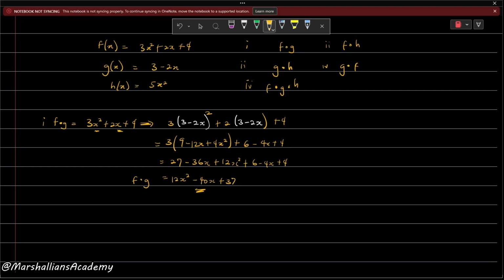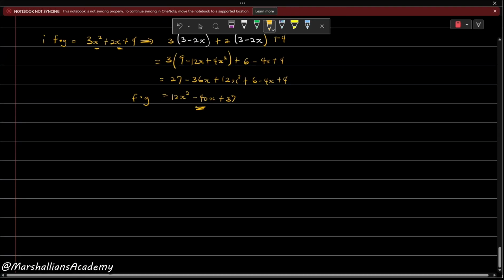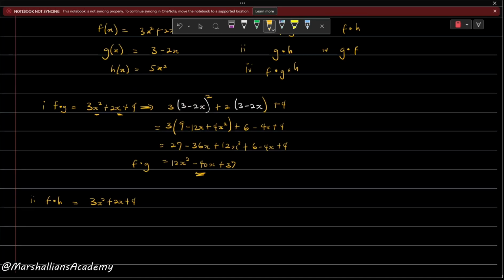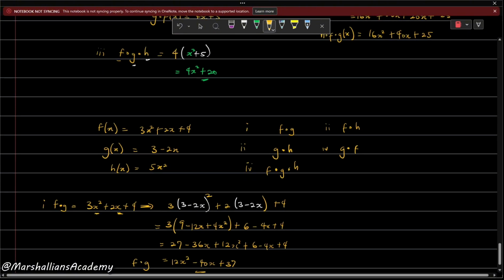Alright, let's go to the next one, f of h, because I don't want this to take too much time. f of h. Same thing, writing f's function first, because h would be inside f. So I'm going to be having 3x squared plus 2x plus 4, which is f's function. Are we together?